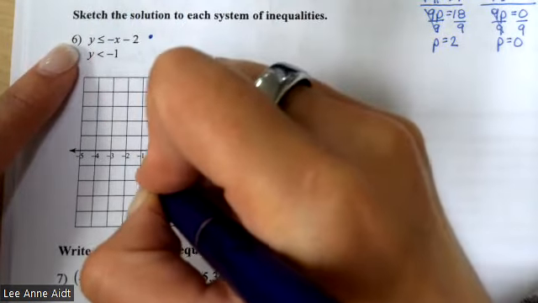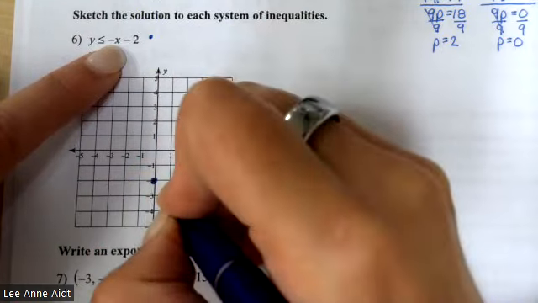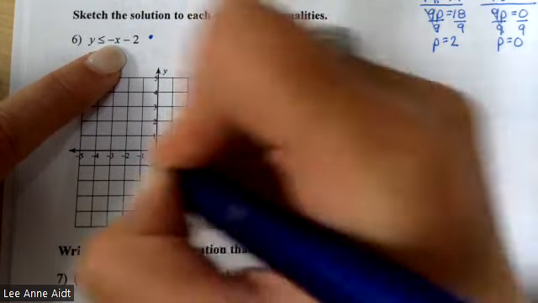Okay. Down 2, slope of -1 means down 1 over 1.